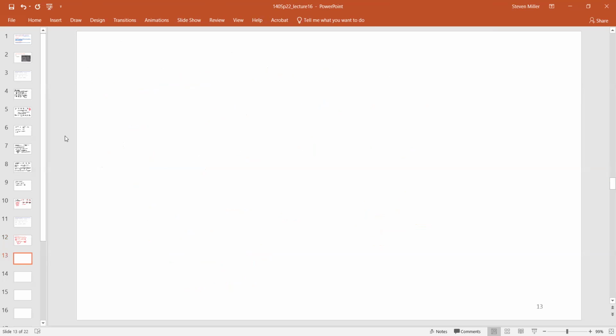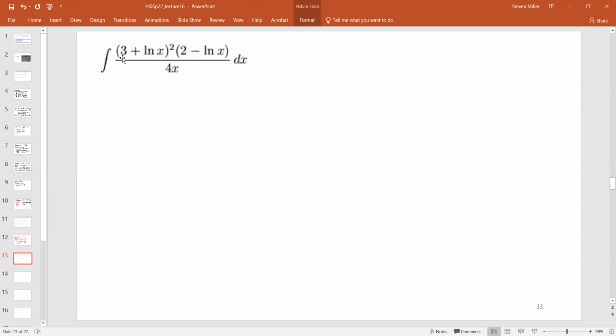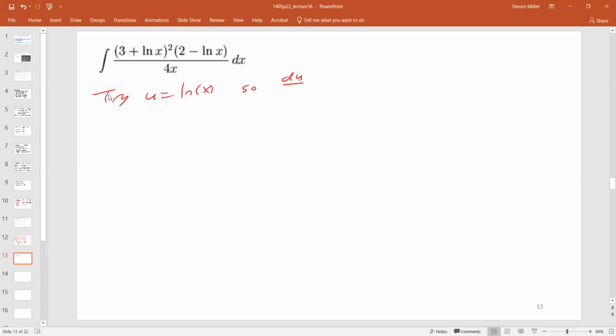Right, so continuing this problem, my intuition is to try u equals the natural log of x. So du dx equals 1 over x, or du equals 1 over x dx. And because I have a 1 over x dx, I'm not going to solve the dx in terms of du.